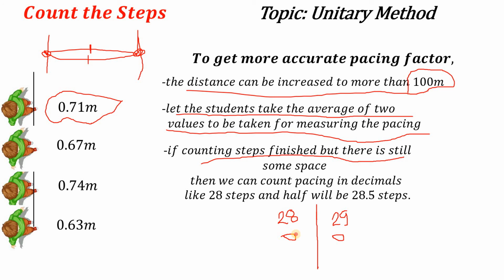Hence he can count the pacing steps as 28 and a half, which will be 28.5 steps. So these are the methods to get more accurate pacing factors, and if we get more accurate pacing factors, this can give a good estimation of the distances.